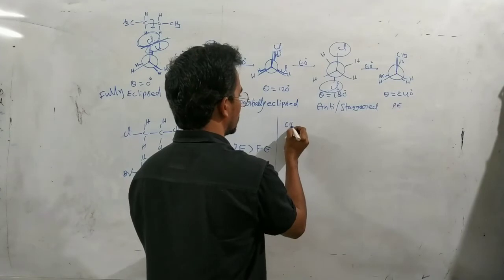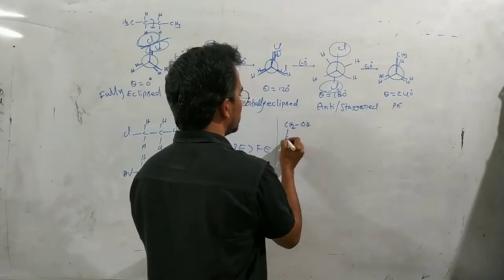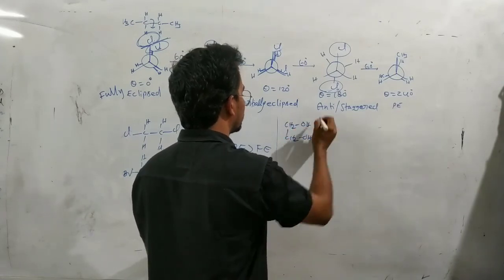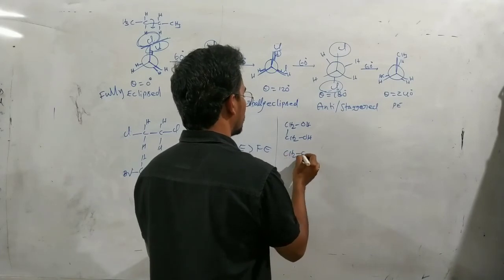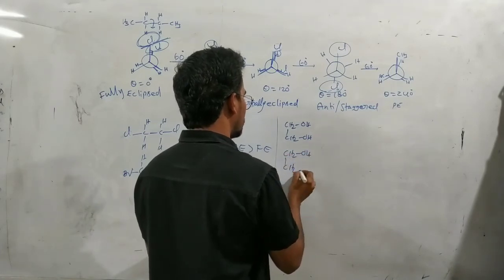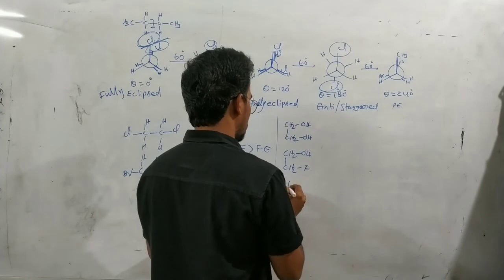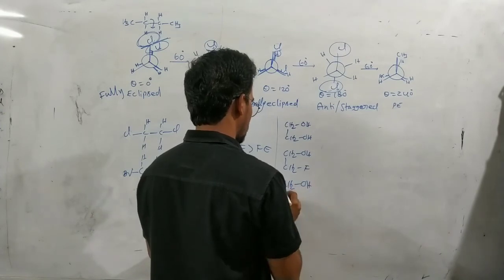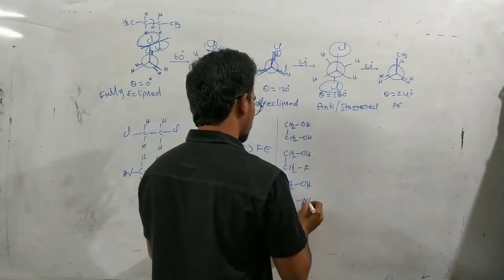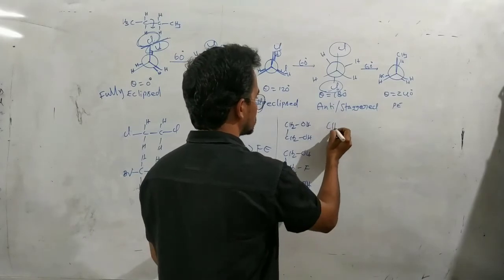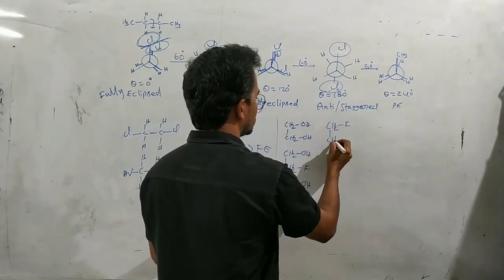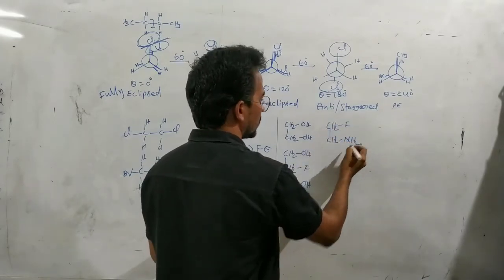Those are ethylene glycol, CH2OH, or 2-fluoroethanol, or amino alcohol, or CH2F, CH2NH2.